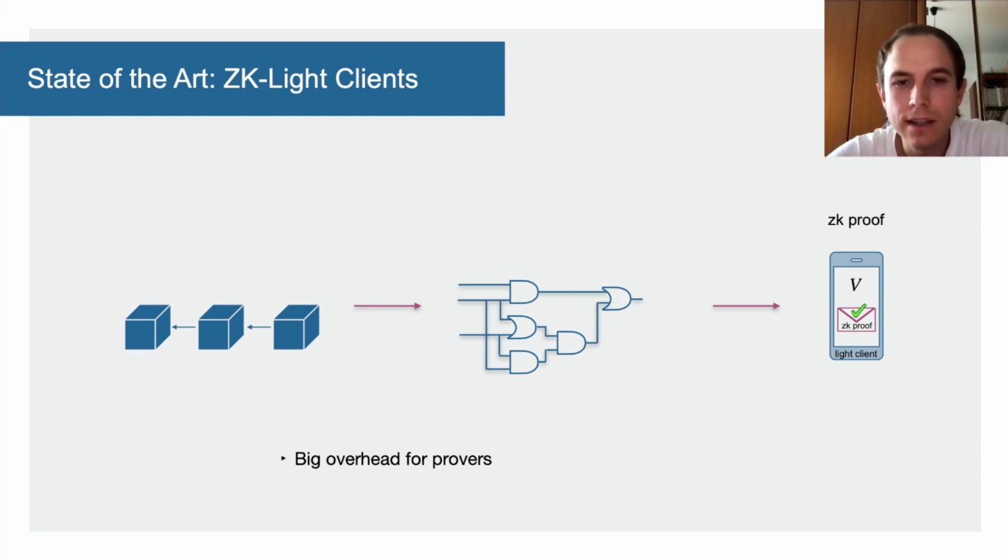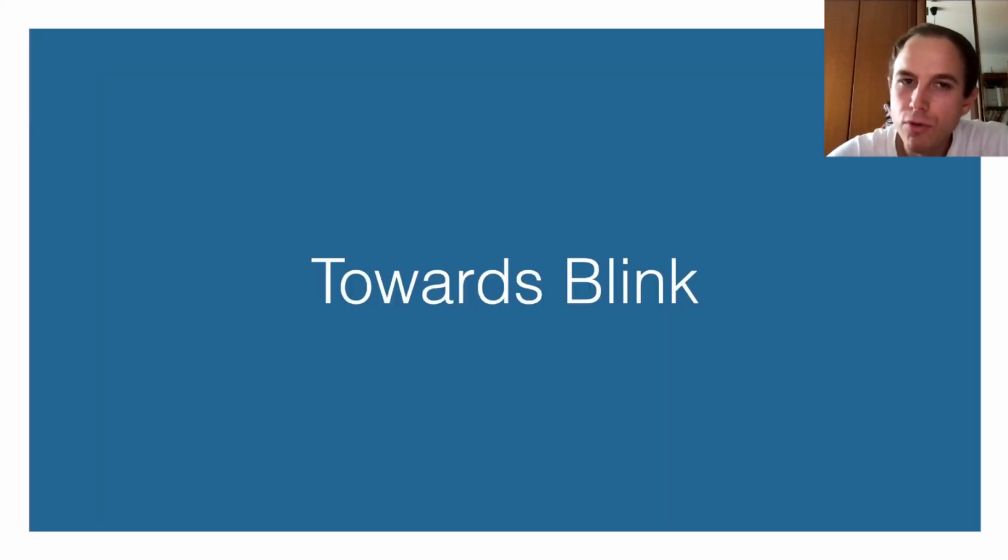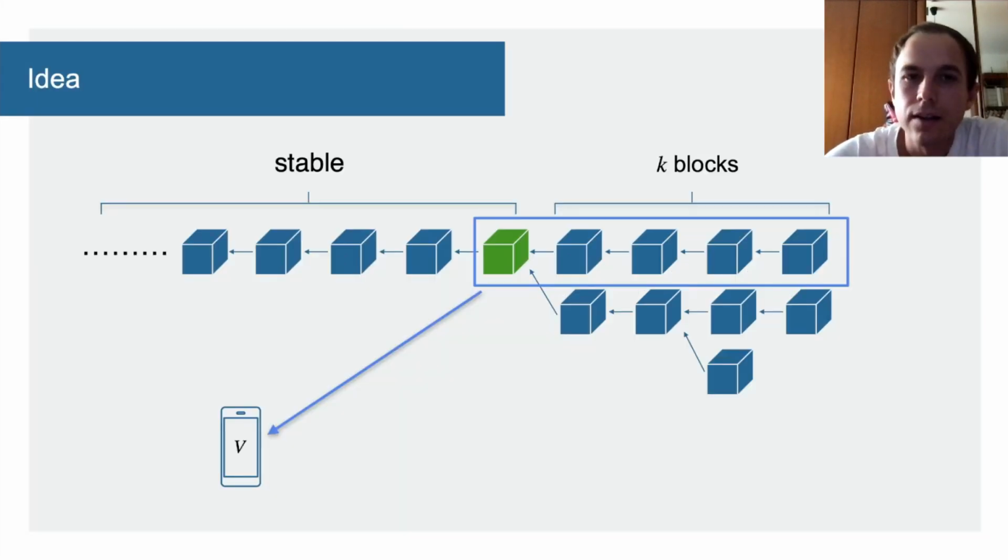Okay, so with this related work in mind, let us move on to our construction. The idea is essentially, okay, we are only interested in this admissible block that I mentioned. It's a stable block that is fairly new. So essentially, we are only interested in the tip of the blockchain.